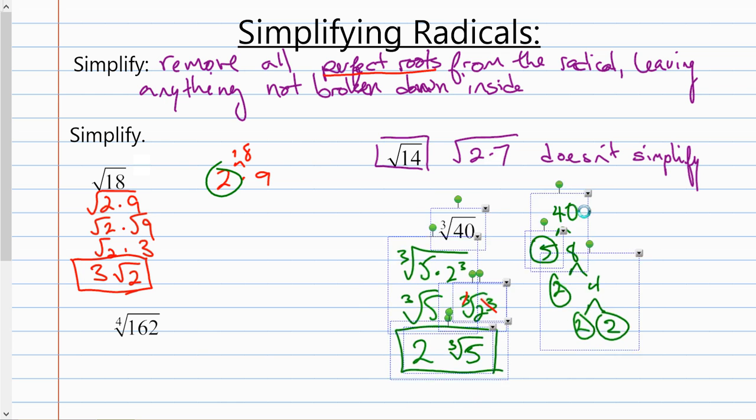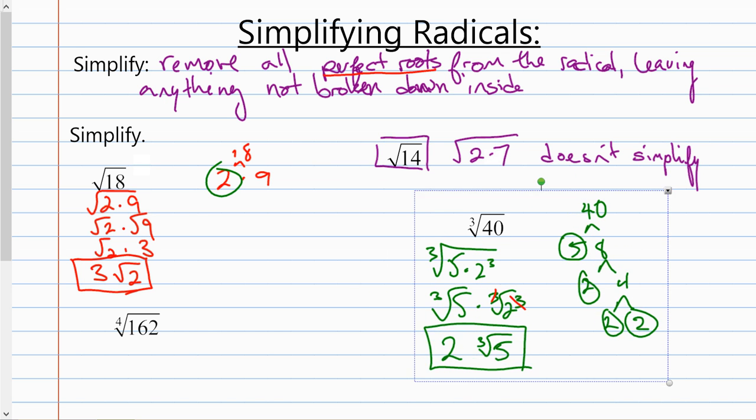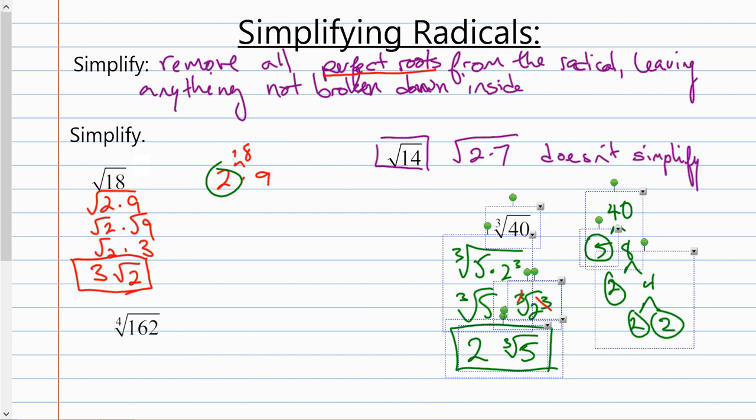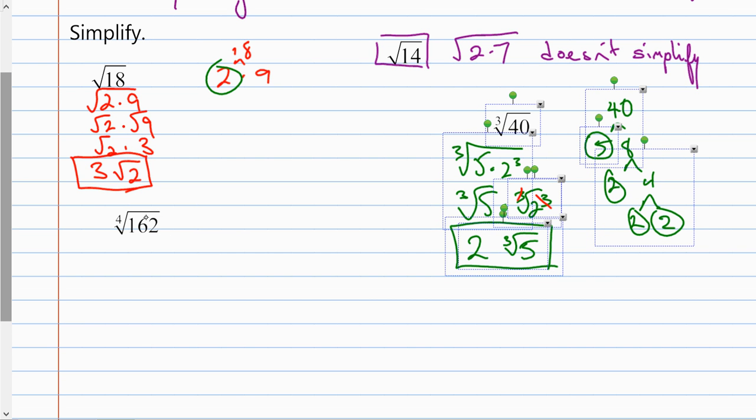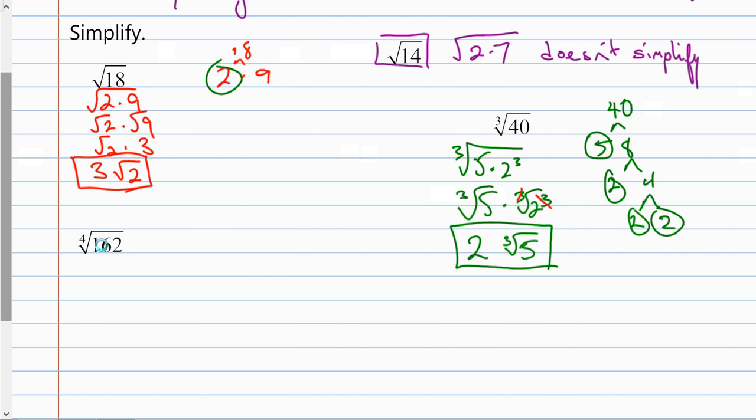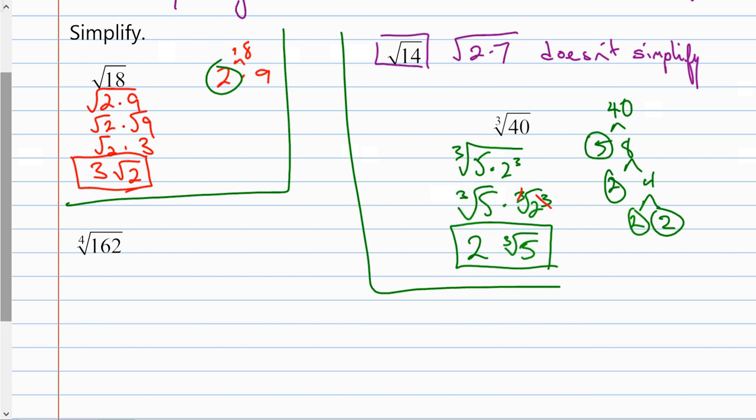So I've got one more to look at on this slide, and that will be the fourth root of 162. I don't really have a good place to do that, so we'll block him off, and we'll block him off, and then we'll work over here.